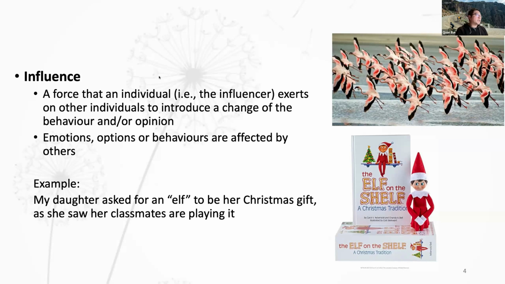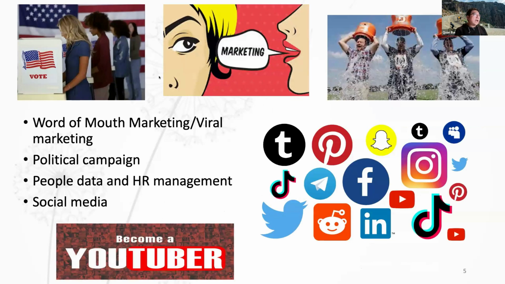It can be many things. It can be purchasing behaviors, decision making, or emotion, etc. And we have a lot of influence propagation applications. For example, in the marketing environment, we have what we call viral marketing, where they use word of mouth to help promote some product.